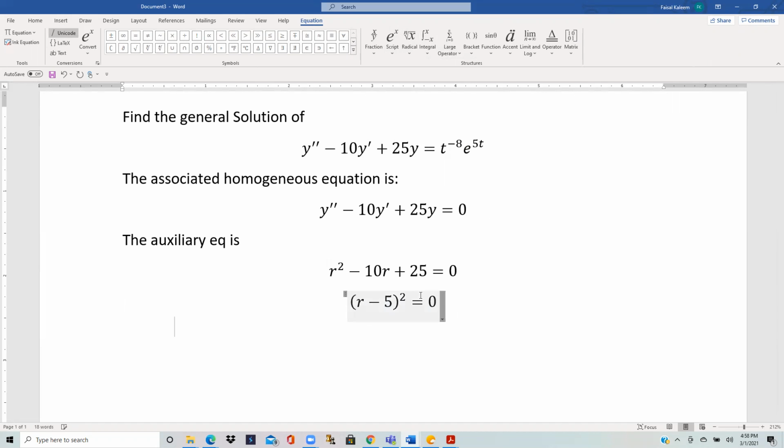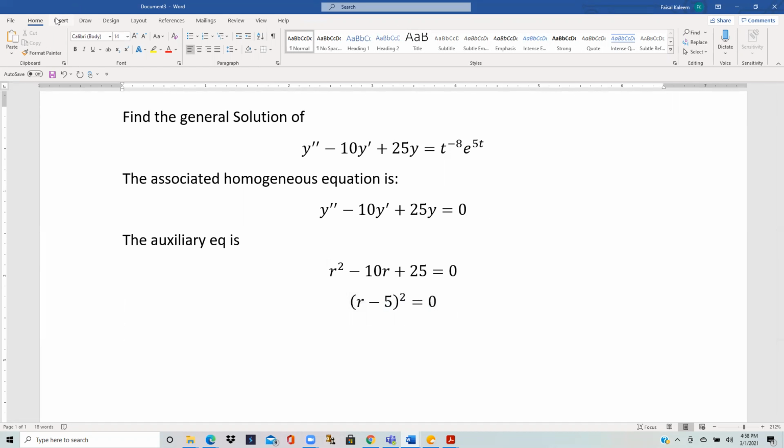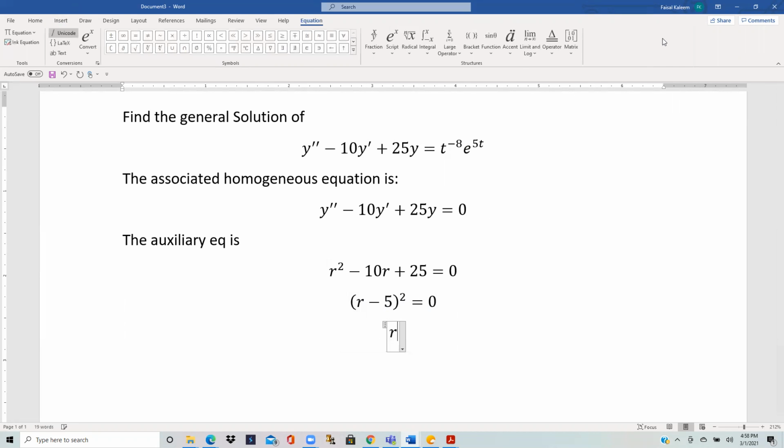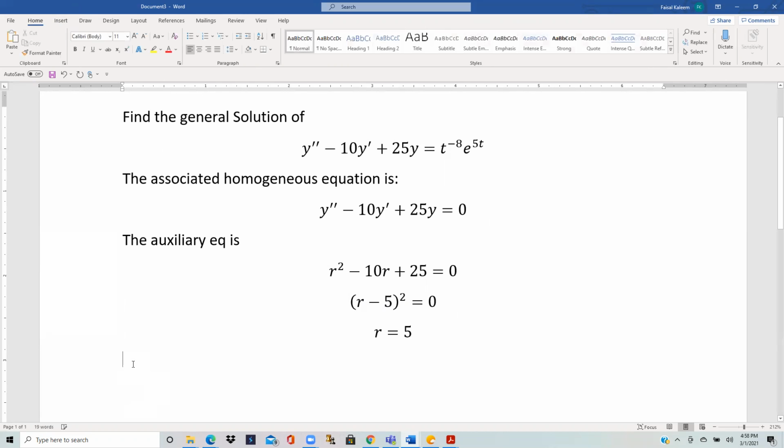So we have a repeated root, r is equal to 5.